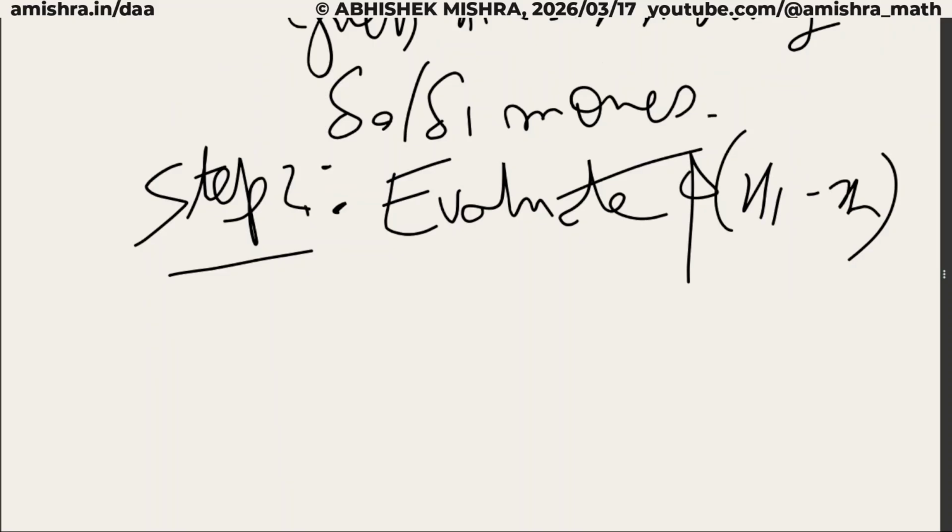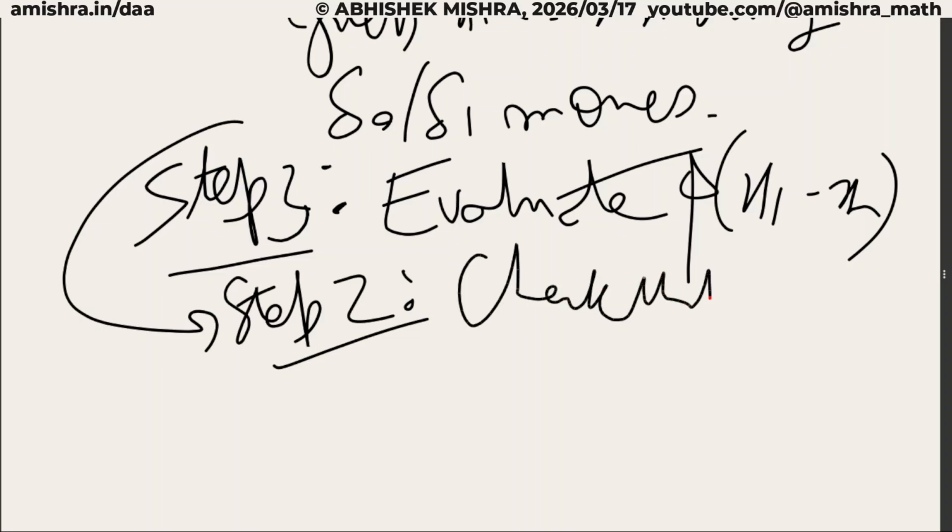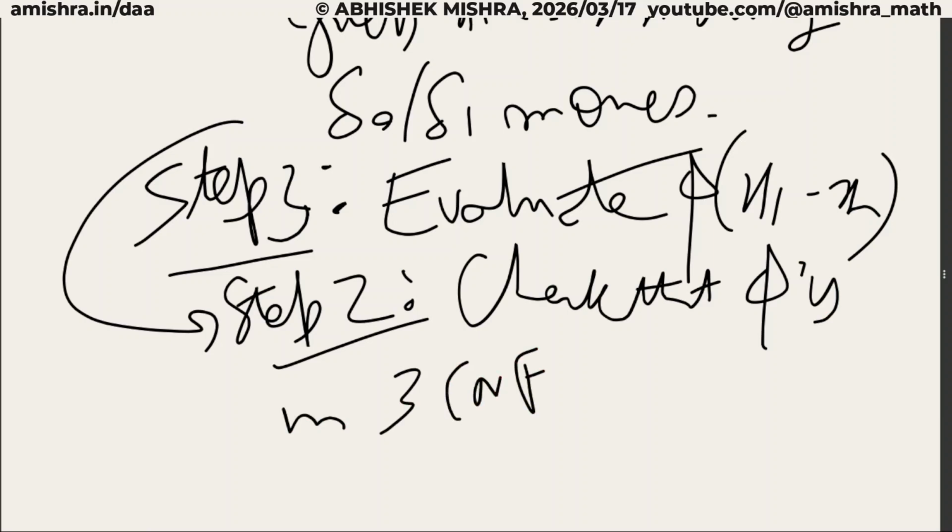Better, this we call step 3. Step 2 can be: check that phi is in 3CNF form. Step 3, evaluate the formula.